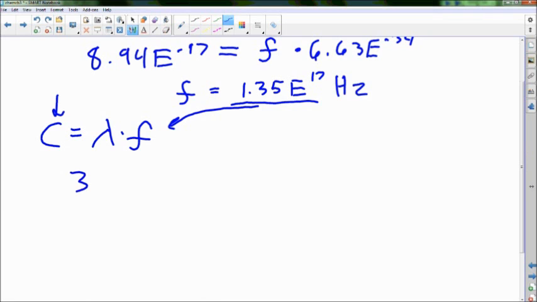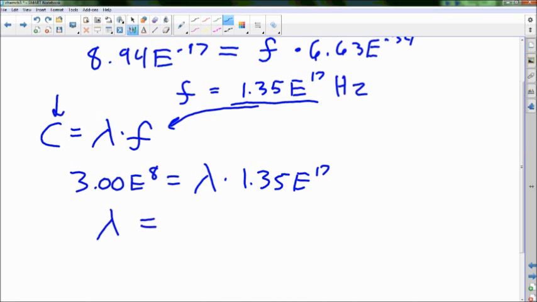So the speed of light, which we'll put in as 3.00 times 10 to the 8th, is equal to wavelength times 1.35 e to the 17th. And in this case, we're going to divide again. It's another three-part equation. And we get a wavelength of 2.22 e to the negative 9th meters.